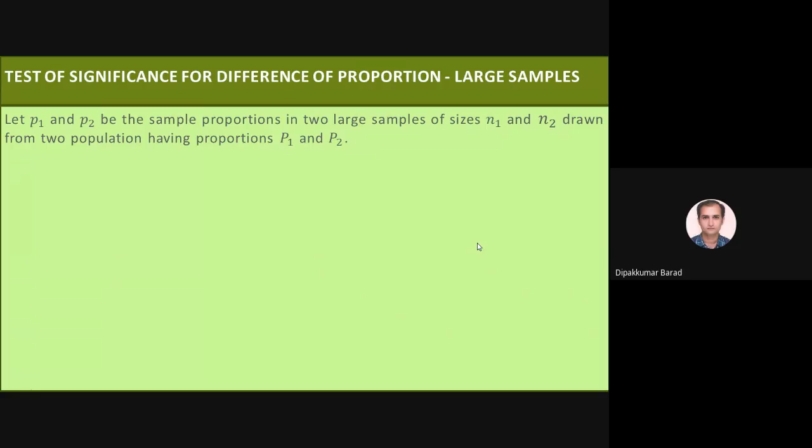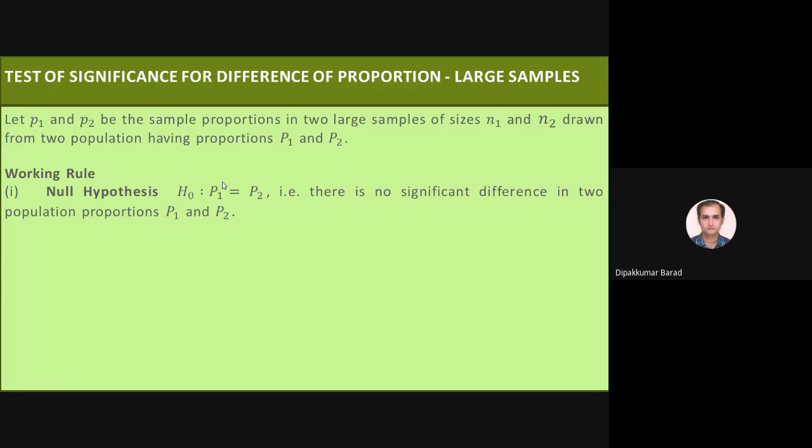So more than one sample is given. Here we have two samples, and for that we have proportions P1 and P2, drawn from two populations having proportions P1 and P2. So instead of one population we have two different populations, and from them we have taken samples of sizes n1 and n2, which have proportions small p1 and small p2. Now again the working rule: first of all we have to set a null hypothesis.